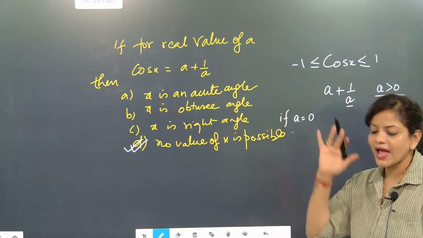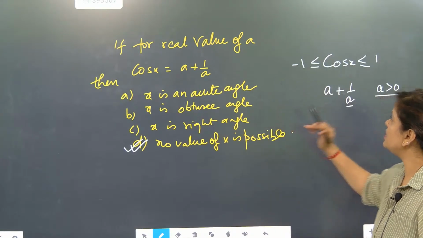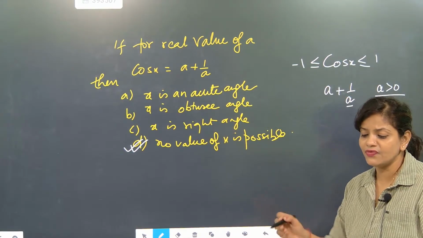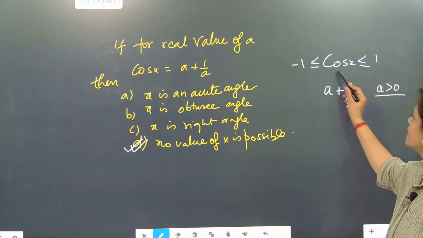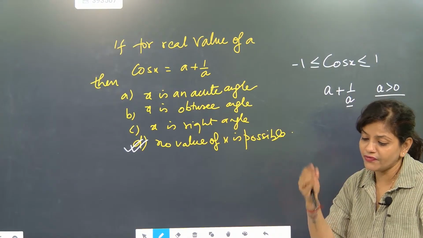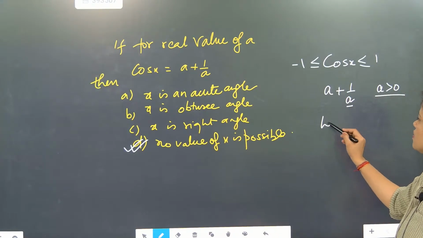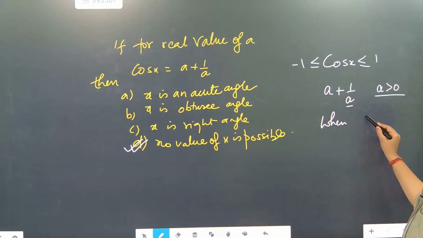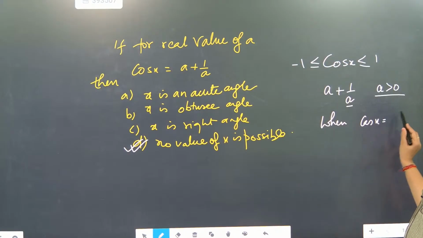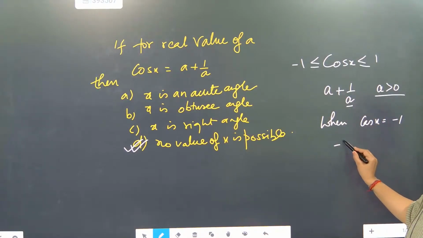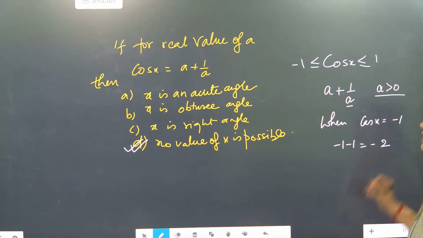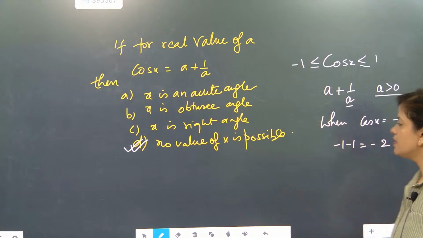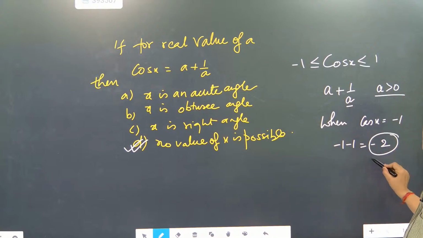Then whatever angle you put, the minimum value of cos will give you -1 and the maximum value will give you +1. Check nicely: when cos x is -1, a plus 1 by a becomes -1 -1, that is -2.